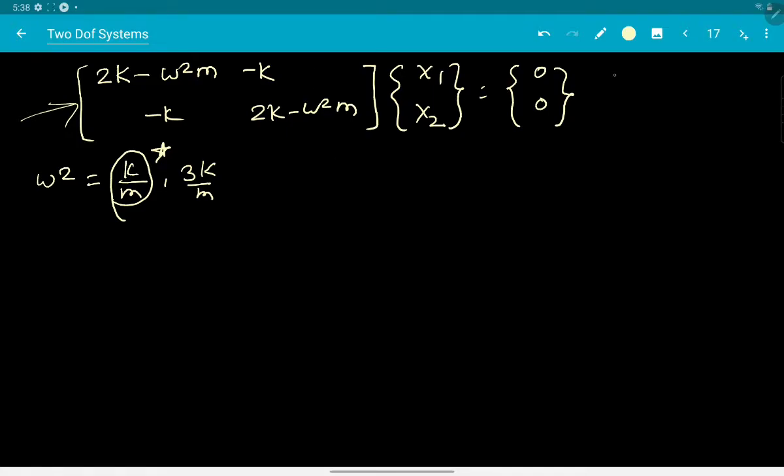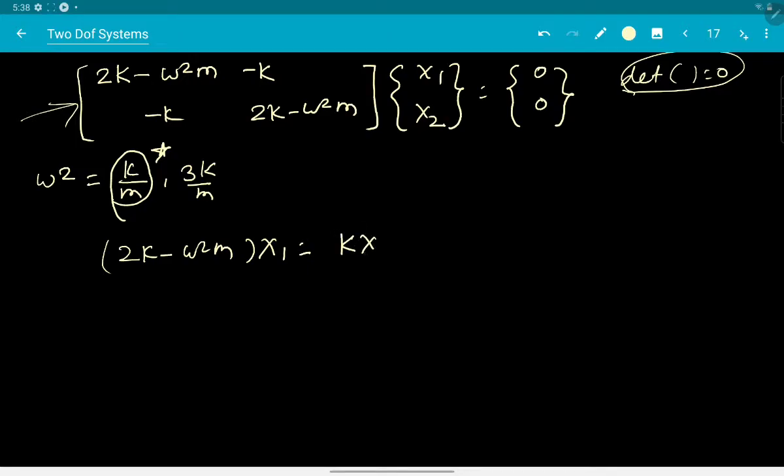Since determinant of this matrix is 0, obviously rank is lesser than 2, which is the order of this. So obviously you are not getting two different equations, but the same equation, repeated again. So what is that equation? Let me write that down, which is 2k minus omega square m x1 equal to k times x2.